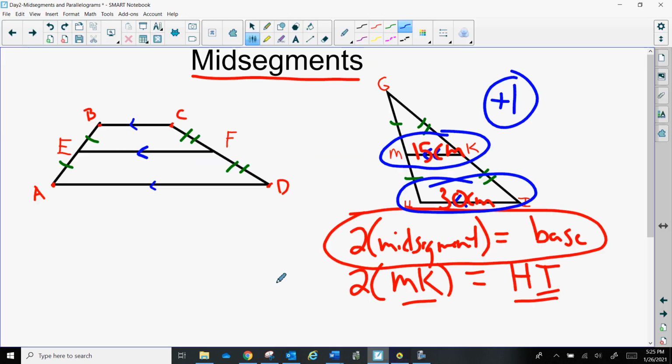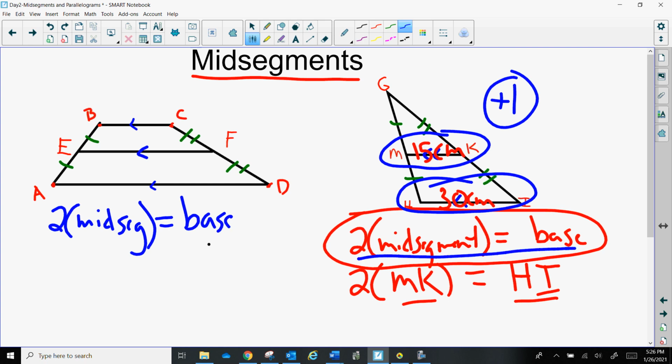So my last rule over here is going to be 2 times my midsegment is going to equal not just this base, we'll call that one base 1, but also this one right here, so base 1 plus base 2.